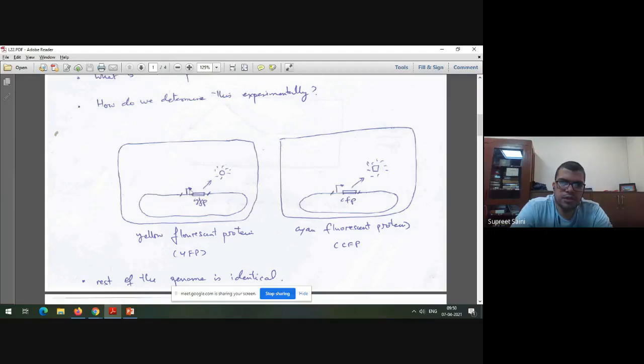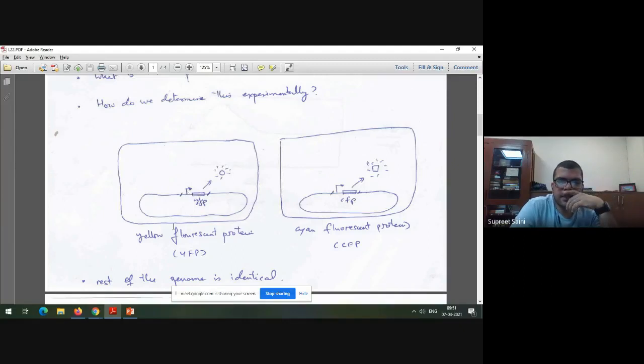The promoter is driving expression of a yellow fluorescent protein, or YFP. In the environment in which they are going to test the DFE, this promoter is always active, so it's continuously driving transcription.